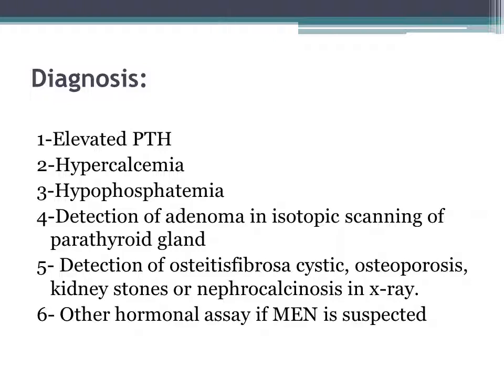There may be detection of osteitis fibrosa cystica, maybe in the form of an epulis in the jaw, most commonly found, osteoporosis, kidney stones, nephrocalcinosis, and other hormonal assays if I suspect MEN.